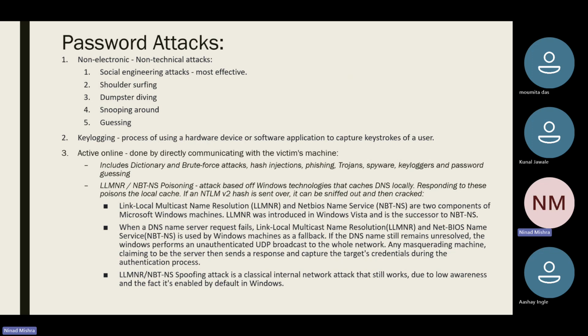So someone will try to meet them in person, or send a request, or connect with them on social media sites, get to know them and get friendly with them, and then either take the password from them, or get access to their system and then get that password. These are the social engineering attacks that the attacker may perform.